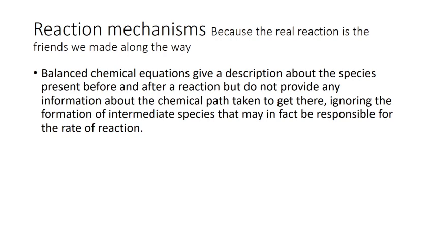So they're not exactly lying to you, they're just leaving out some information. They ignore the formation of intermediate species that may in fact be responsible for the rate of reaction, which, if you're just looking for the overall stoichiometry, you can ignore. However, if you're looking at reaction rates, you have to look at the intermediates.